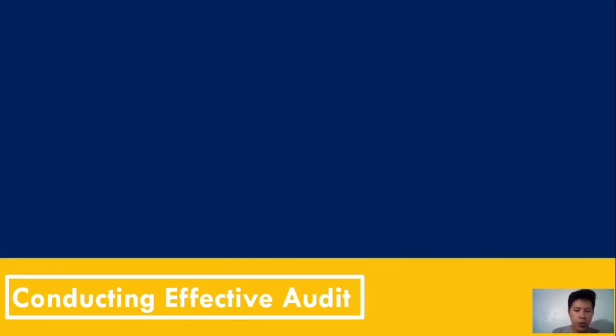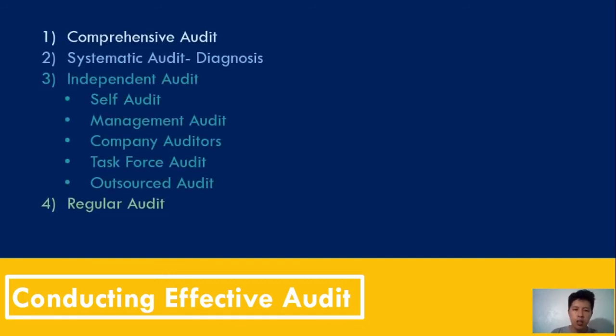Now, how do we conduct an effective market audit? We have different kinds of audit, and of course, we'll start with the comprehensive audit. A comprehensive audit is an overhaul of the entire system to determine what are the things that have to be improved and what are the things that have to be eradicated, what are the processes that have to be purified, and what are those processes that have to be retained.